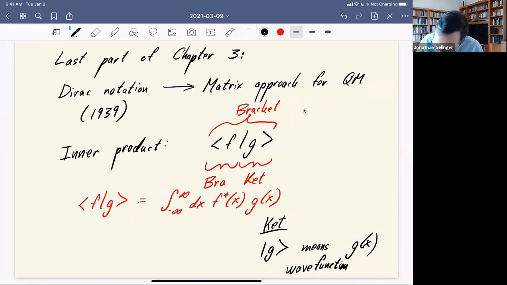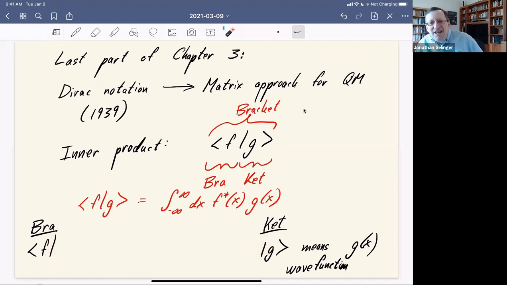Now what about the front half, the bra? Well, we write it as <f| like this. So it has an angle bracket and then the label and then a vertical line like an absolute value sign. And we don't worry about the fact that there's a vertical line here and there's also a vertical line there.